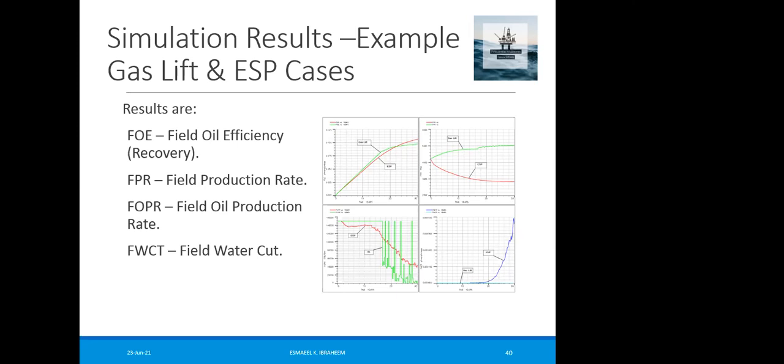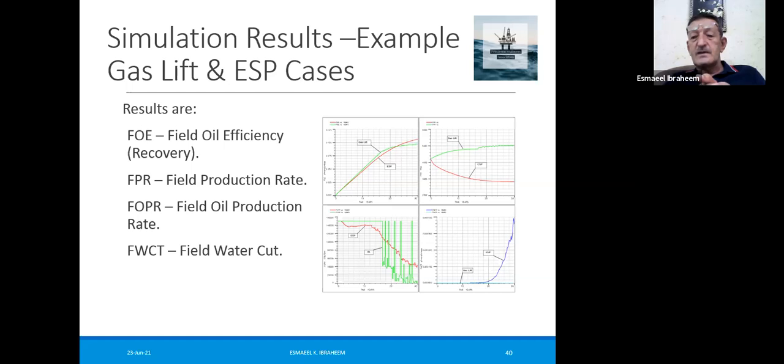FPR, field production rate, is the whole fluids, either dissolved gas or compressed gas with oil, water, and so on. But the FOPR is the field oil production rate. FWCT is the field water cut. Of course, the first letter always refers to either field or well.